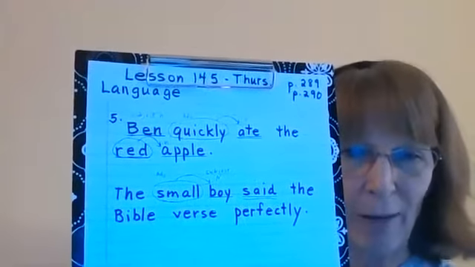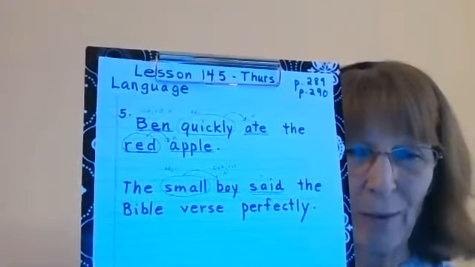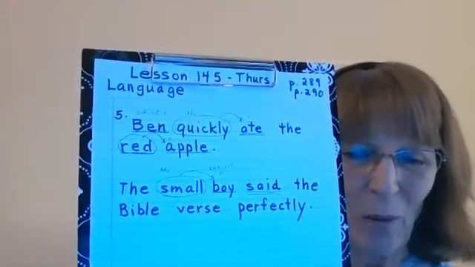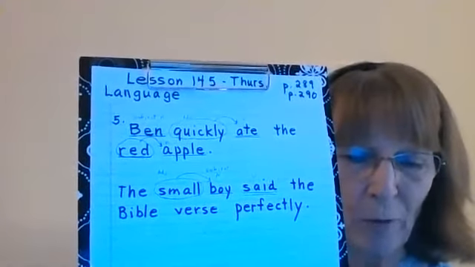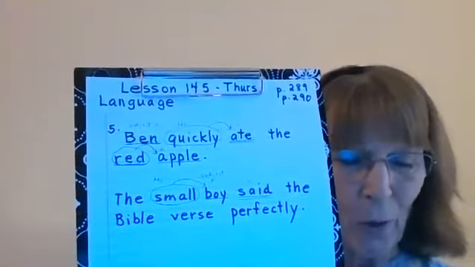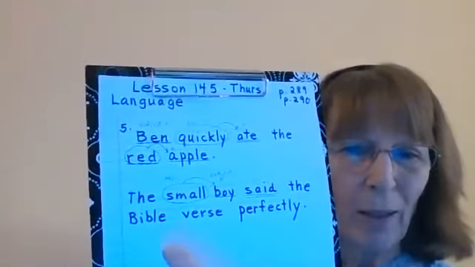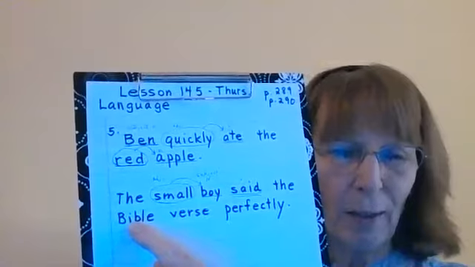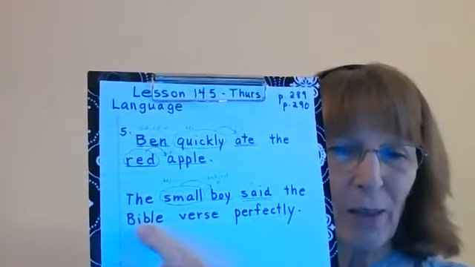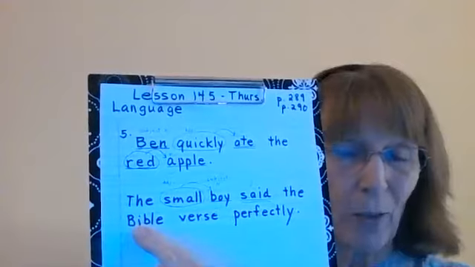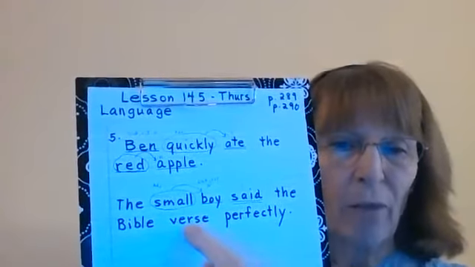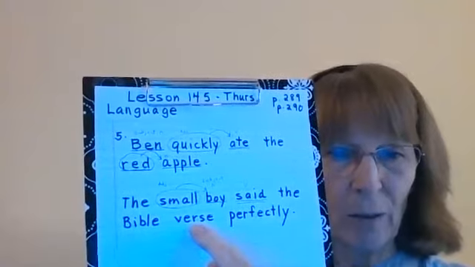Looks like we have the first part, but what about the Bible verse perfectly? Now, when you see Bible, you think, well, that's a noun, that's a thing, that's a book. But do you know they used it in the sentence in a different way because they're not talking first about the Bible, they're talking about the verse, and that's something too.